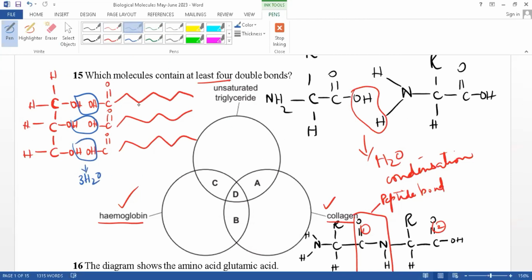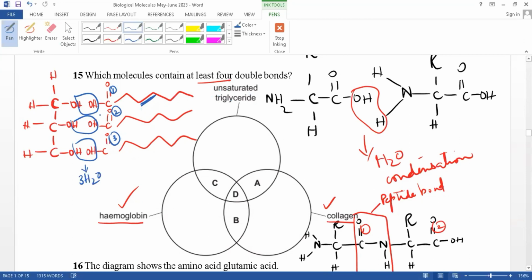If it's an unsaturated triglyceride, let's suppose a monounsaturated one, there is only one double bond in one of the fatty acid tails. Then one double bond is in the first carboxylic head, another in the next carboxylic head, the third in the third carboxylic head, and the fourth is because of the unsaturation. It can have more than one double bond, but if we consider the least, there will be at least one double bond in the fatty acid tail.